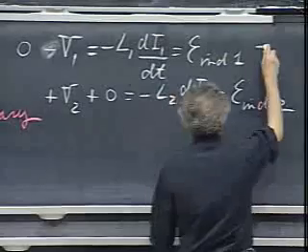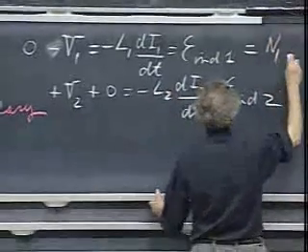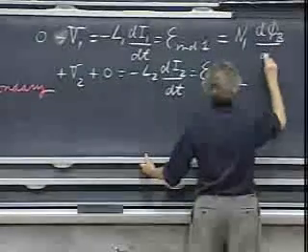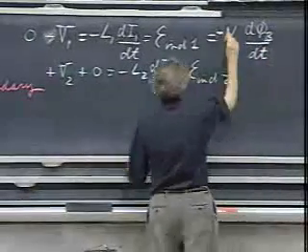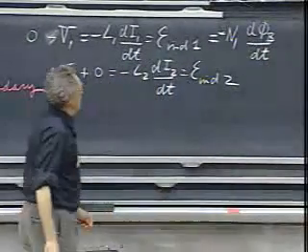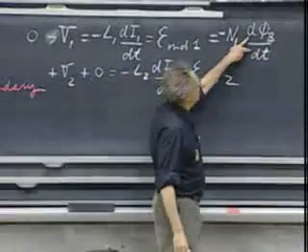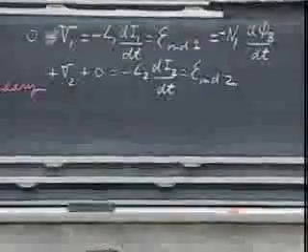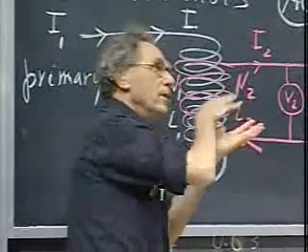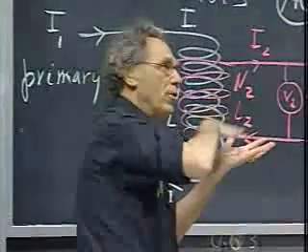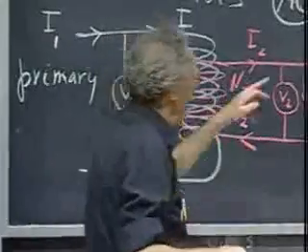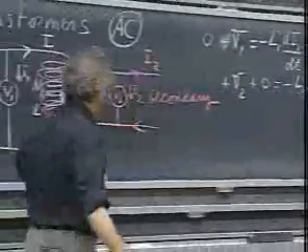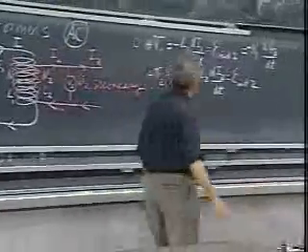But clearly, this is also N1 times d phi b dt with a minus sign. This is the magnetic flux change through one loop in the primary. The surface of one loop in the primary sees a magnetic flux going through it, which is changing with time, and that value d phi b dt is through one loop, but I have N1 loops, so I have an N1 there.